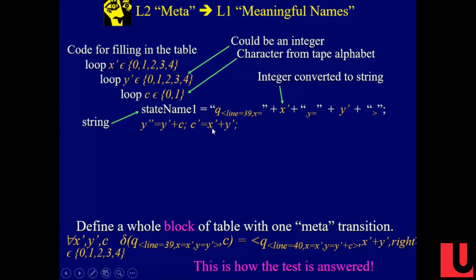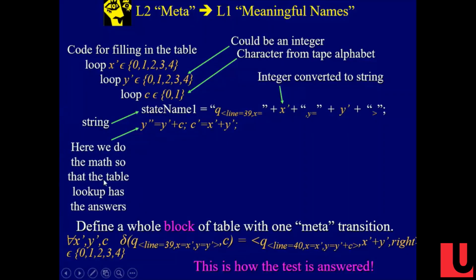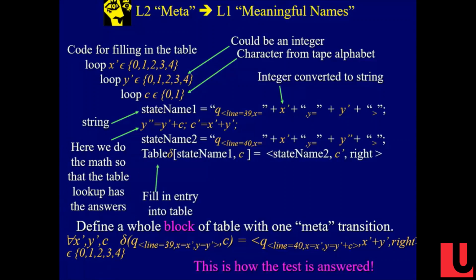We calculate these things that we need. Here we're doing the math so that the table lookup has the answers, and then we calculate the new state, right? And the new value of y is going to be this y double prime, and that's the name of the state.